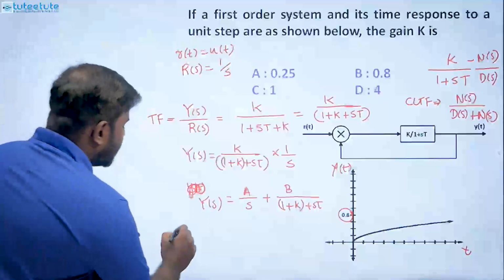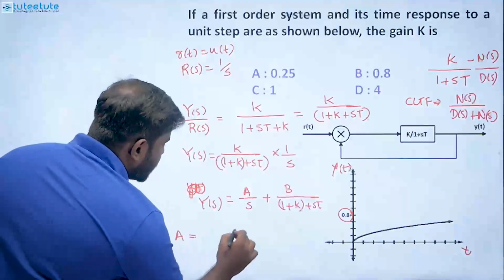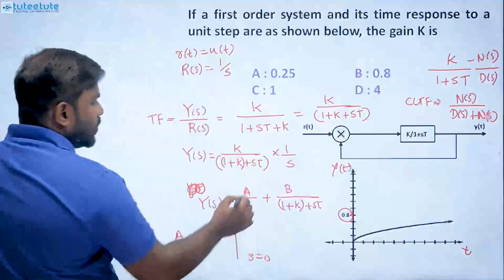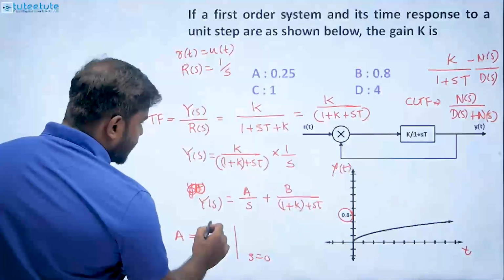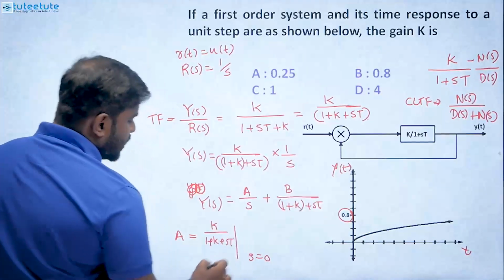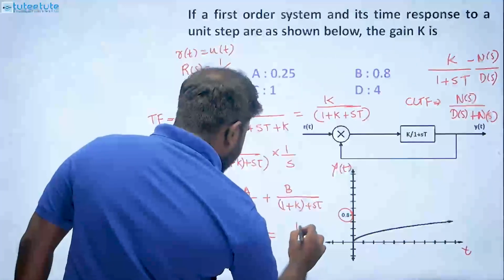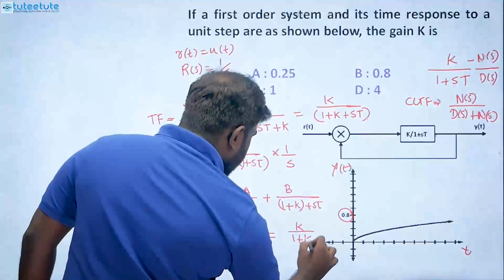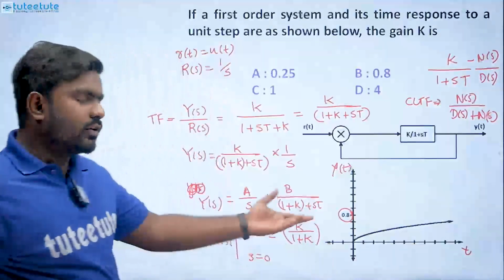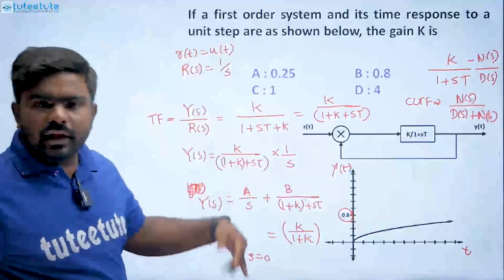Now you have to find the value of a first. A is nothing but, at s equal to 0, you have to hide the s term. Then what will be there? k divided by 1 plus k into s tau. So a you will get as k divided by 1 plus k. It is a constant term, so you don't need to take care of it. It would be there in the Laplace transform.